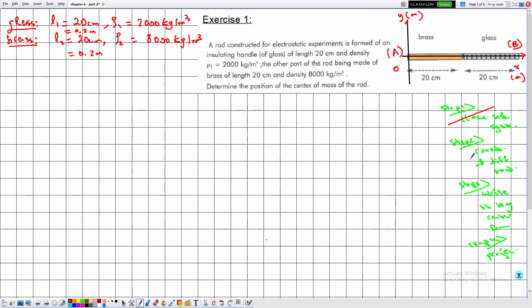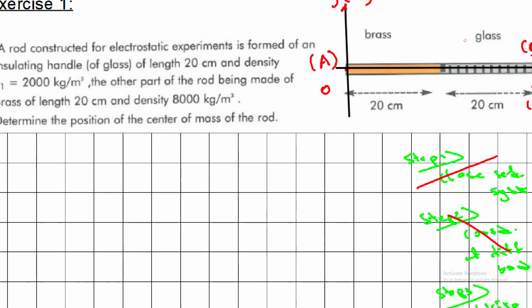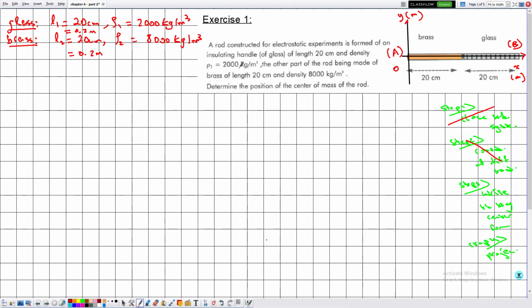Let's refer to step number 2, which is the coordinates of the different bodies, namely the centers of gravity. Now notice that the brass is made of uniform material because the density is specified and given to be constant. Suppose that this is body 2 and this is 1.